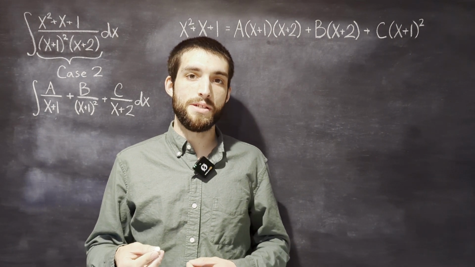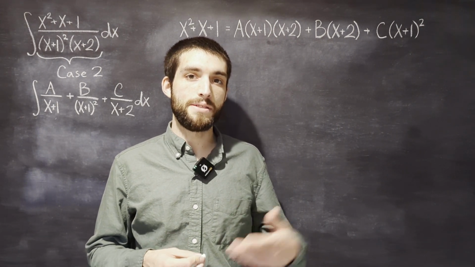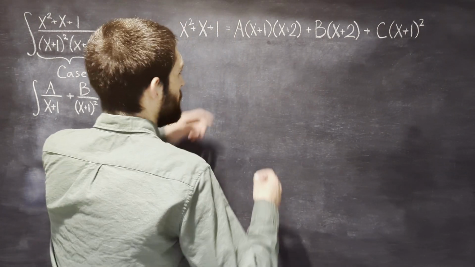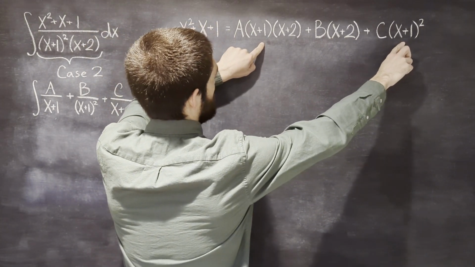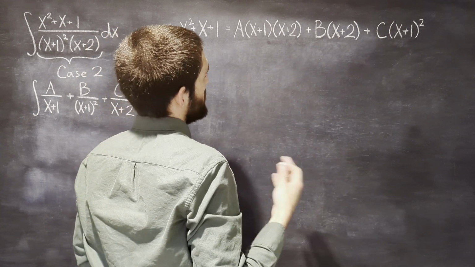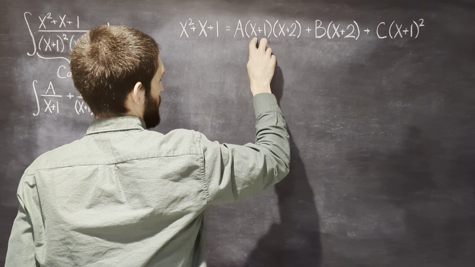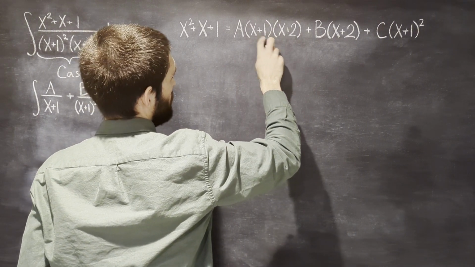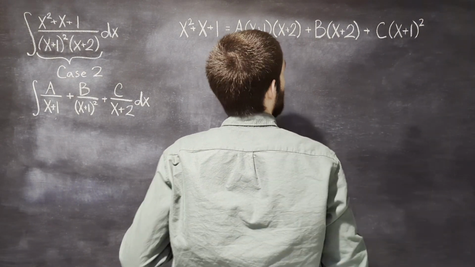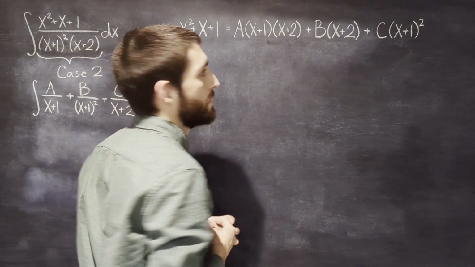We can use this equation to choose values for x that allow us to cancel some of our constants so we can solve for others. For example, both of these groups have an x + 1 in them, but this middle group does not. So if we choose x equals -1, then this becomes -1 + 1, which equals 0, canceling out a. The same thing happens over here, canceling out c, leaving us with just b to solve for.